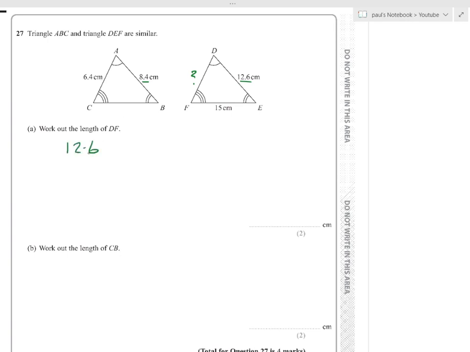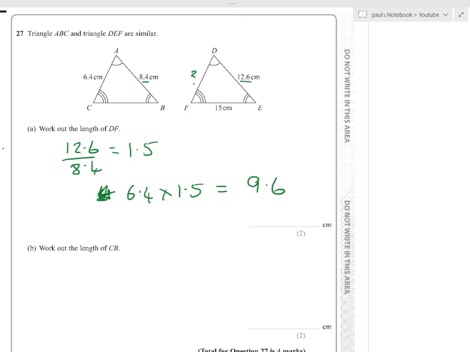So 12.6 divided by 8.4 is 1.5. So then if I take 6.4, multiply that by 1.5, we get 9.6. Are you happy with that? I think so.